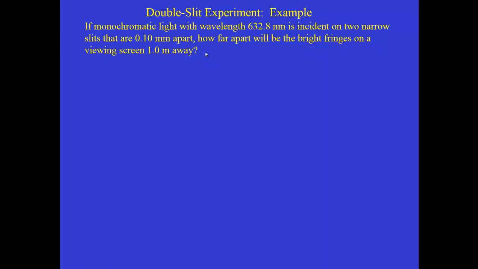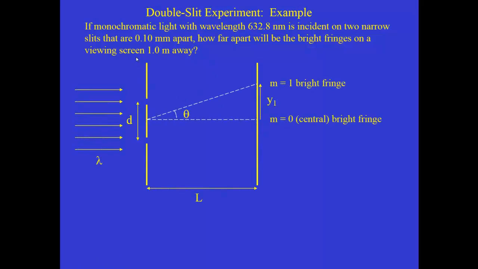So let's draw a picture, as we always have to do in these kinds of problems, showing the light coming in, wavelength lambda, and the separation between the slits is d. What we're going to do is figure out this distance. We'll call it y1 because it's the distance from the center of the screen to the m equals 1 bright fringe. That distance will be the separation distance between the two fringes. So what do we do?